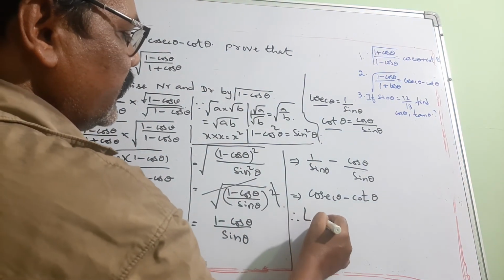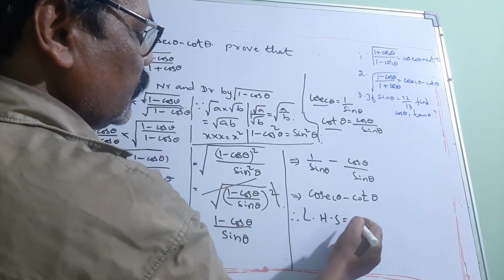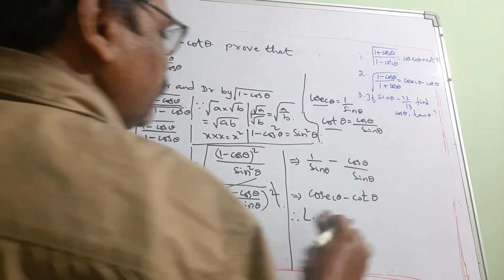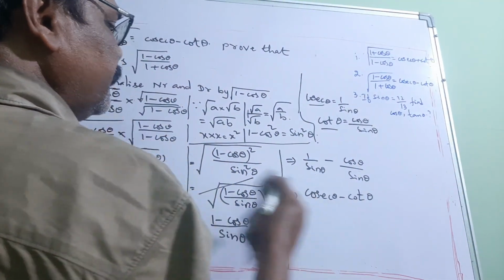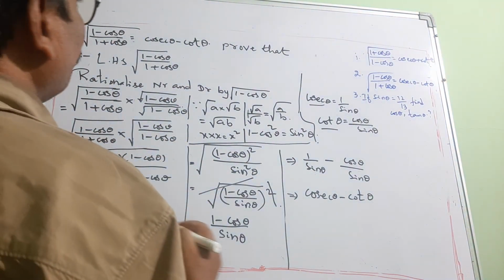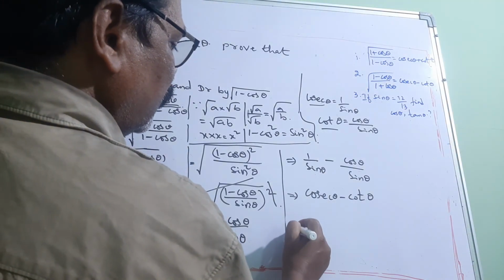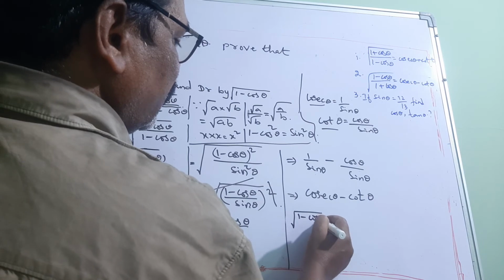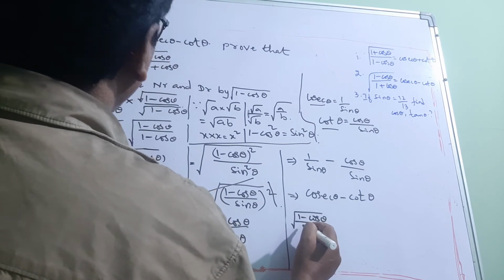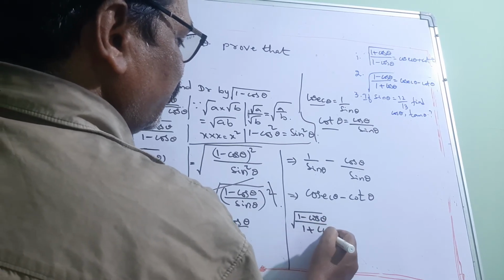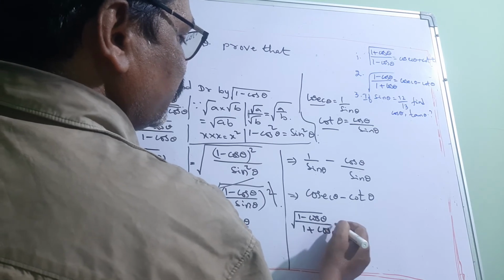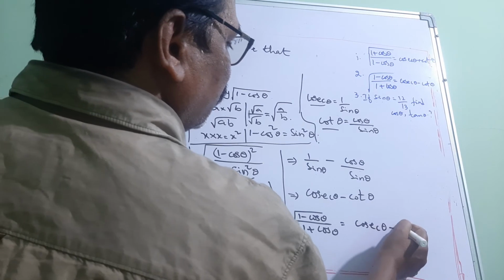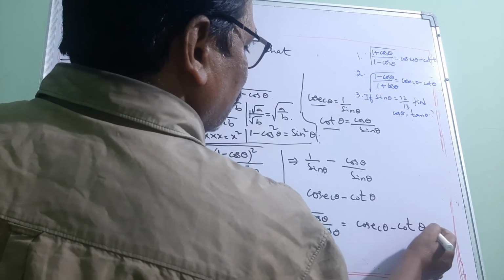What do you observe? Therefore LHS is equal to RHS. That means under root of 1 minus cos theta divided by 1 plus cos theta is nothing but cosecant theta minus cot theta.